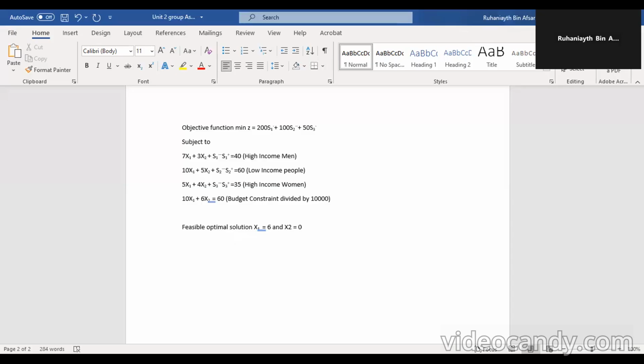So now we check those. We will put these values of x1 and x2 into the constraints.